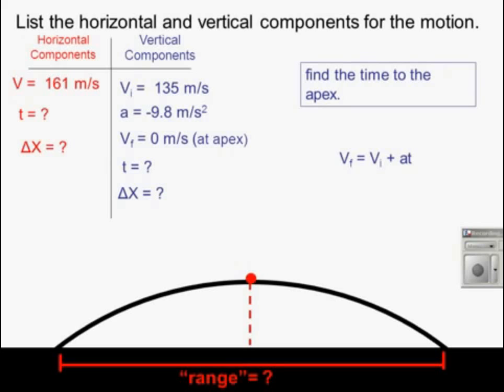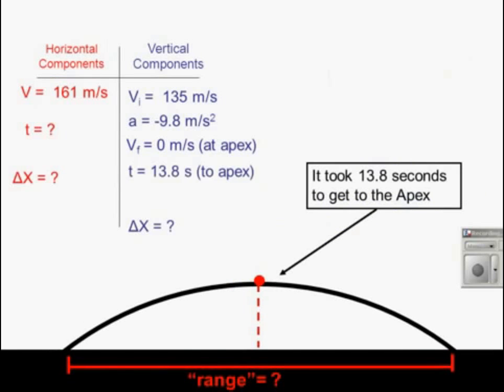I did it in blue so that you know we're only working with the vertical components right now, looking for how long it's in the air. 0 final velocity at the apex, 135 meters per second straight up initially. We know acceleration is negative 9.8 meters per second squared. So we can solve for t. In this case, it takes 13.8 seconds to reach the apex.